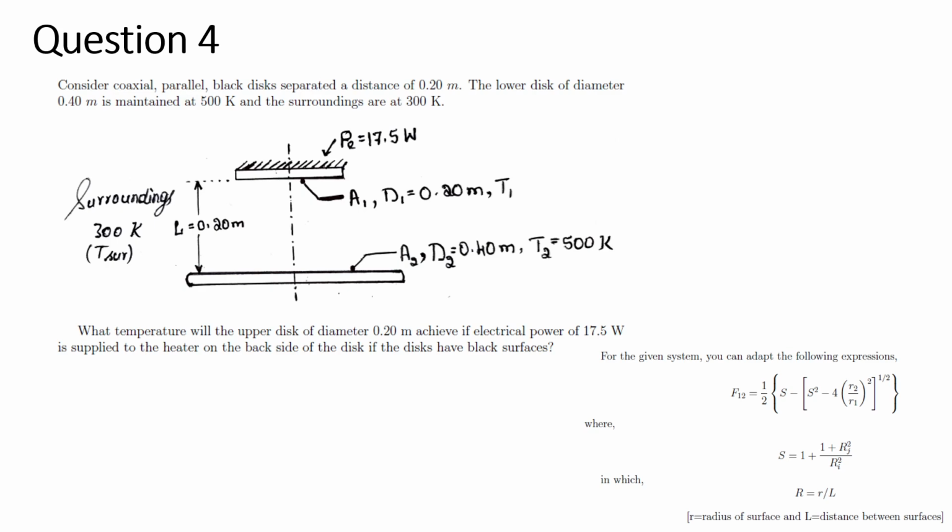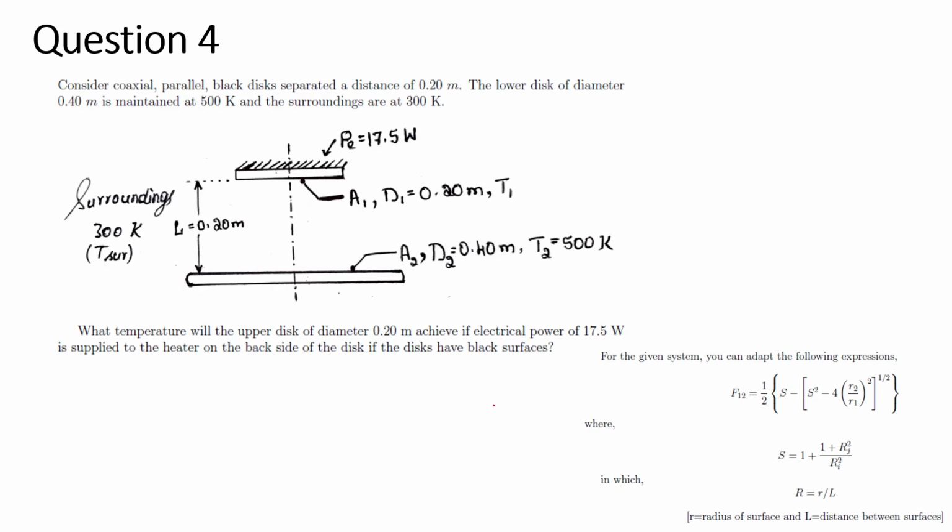The lower disc of diameter 0.4 meter is maintained at 500 Kelvin and the surroundings are at 300 Kelvin. What temperature will the upper disc of diameter 0.2 meter achieve if an electrical power of 17.5 watt is supplied to the heater on the back side of the disc, if the discs have two black surfaces?